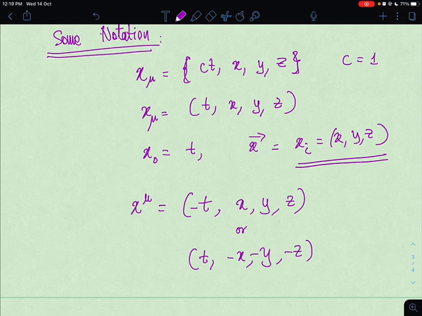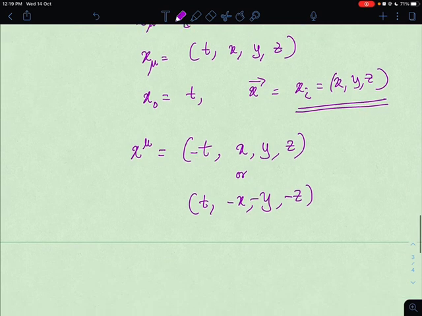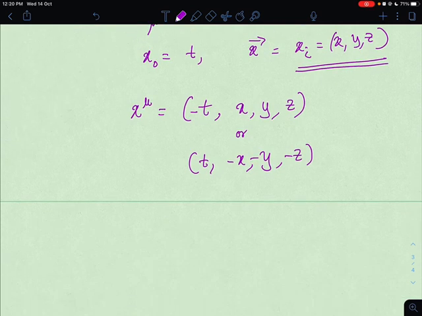I'll tell you what the sign of this metric is essentially. One is called the covariant and another is called the contravariant vector. To move from one contravariant to one covariant vector, you need something called the metric.